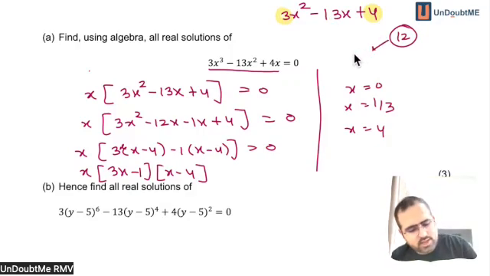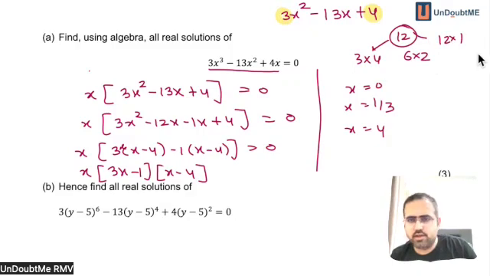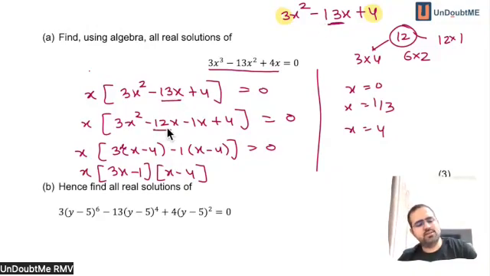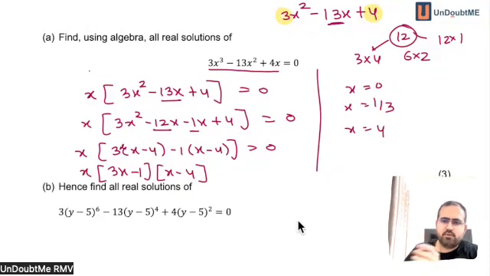Factors can be either 3, 4, it can be 6, 2, it can be 12, 1, so that we can get 13 from those factors. Only one pair fits, that 12 and 1. So that's why I wrote minus 13 as minus 12 minus 1. Even if you write minus 1 minus 12, you'll get the same answer. Okay. So that is the whole procedure which we have to follow to get the split of the middle term.